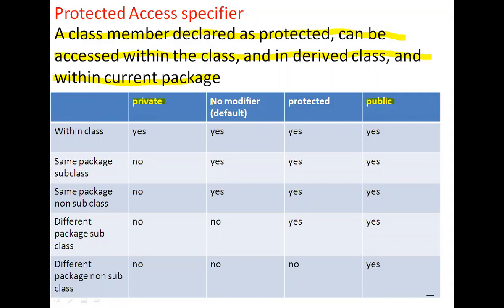After private, it is no modifier, that is none. Then it is protected. To be more specific, in a derived class, even though the derived class is in another package, it is accessible.